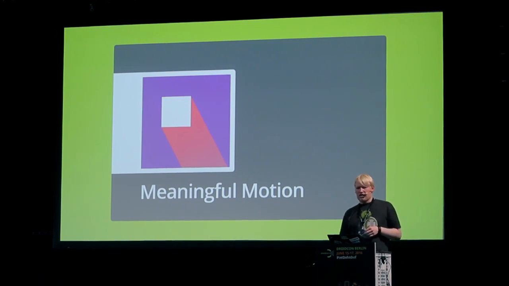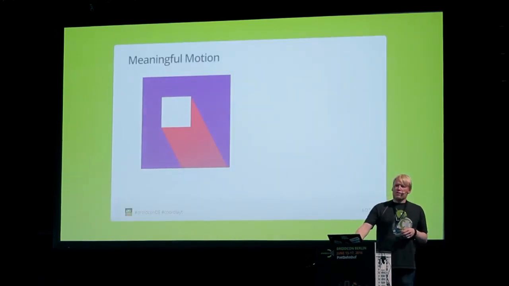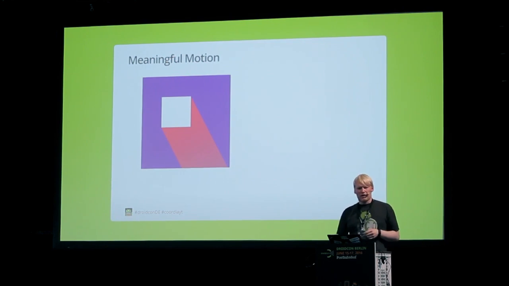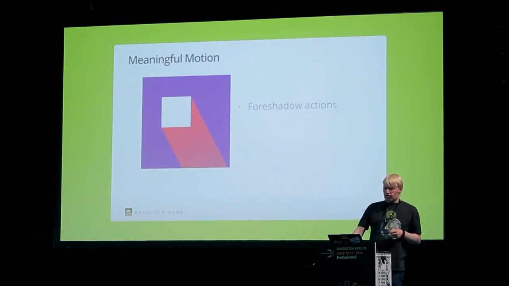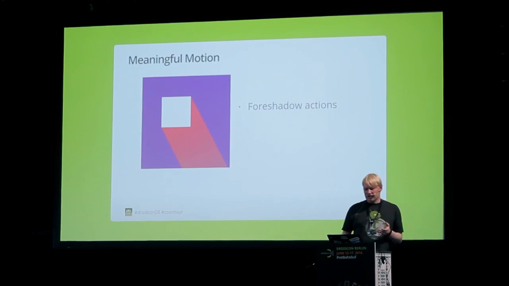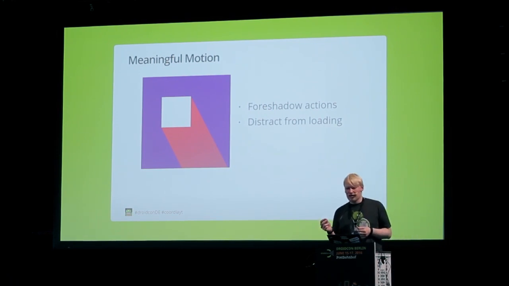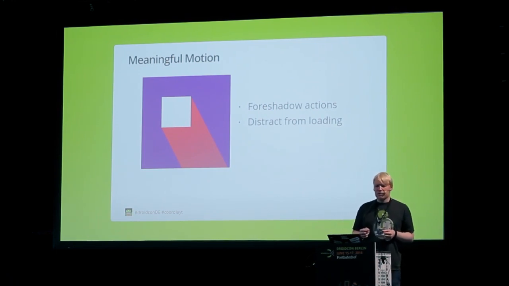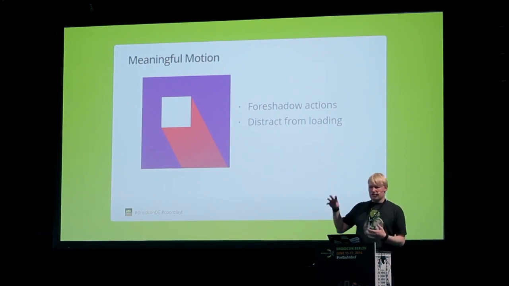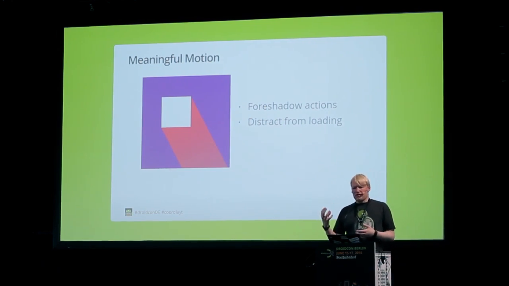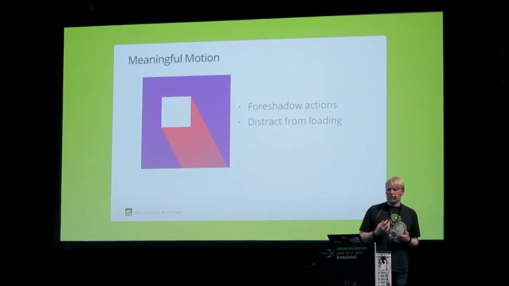And there are actually a few good examples of what material motion can do and how it can be useful. So, for example, motion animations can foreshadow actions, or they can distract from loading data. A really good example here are window transitions. When you press an item inside a list and it animates to the details screen, you won't see that the details screen is actually loading data first.